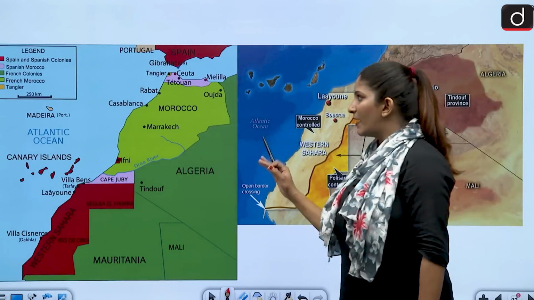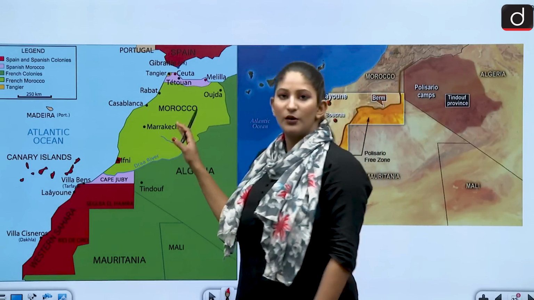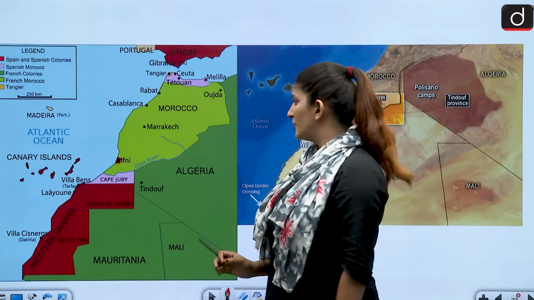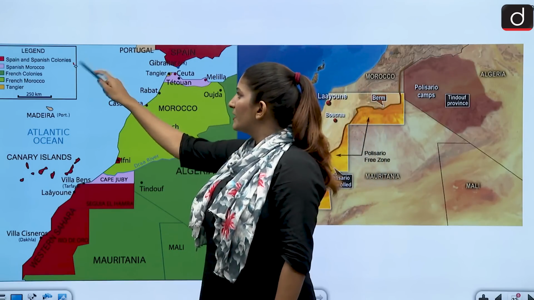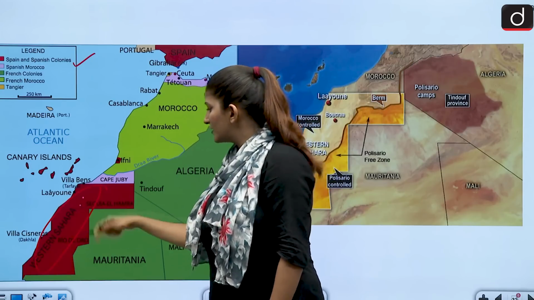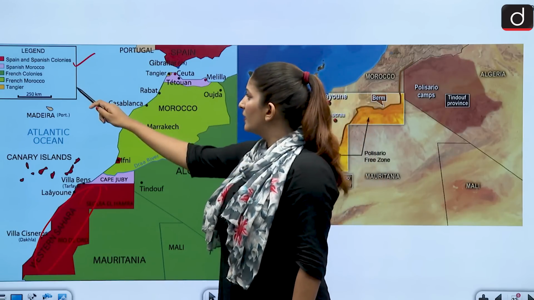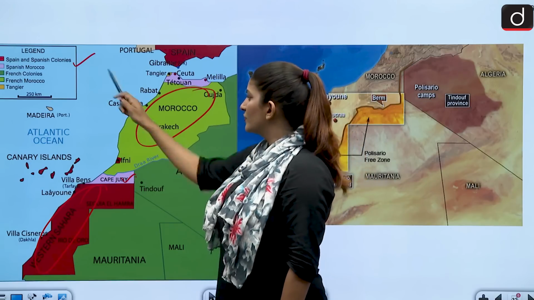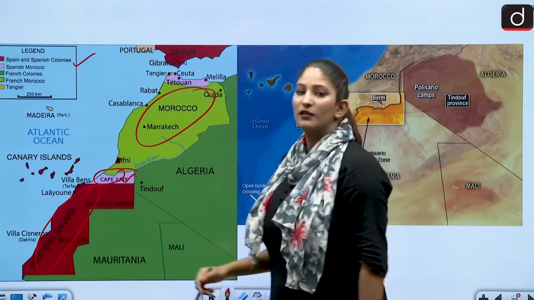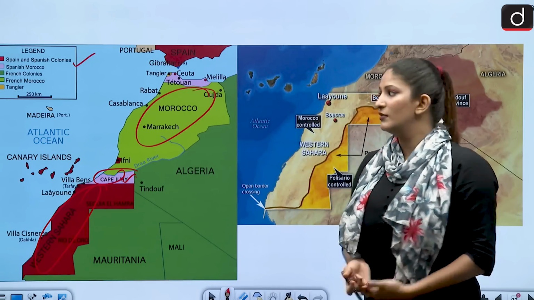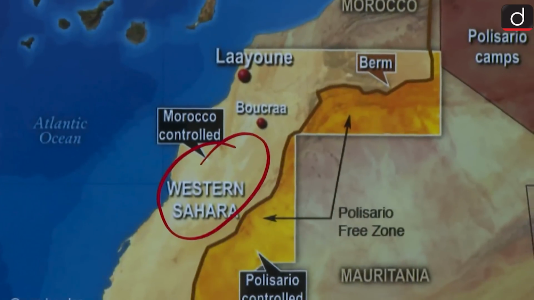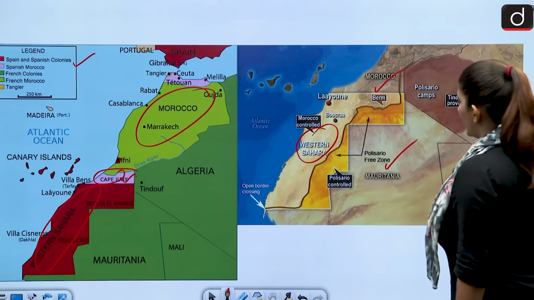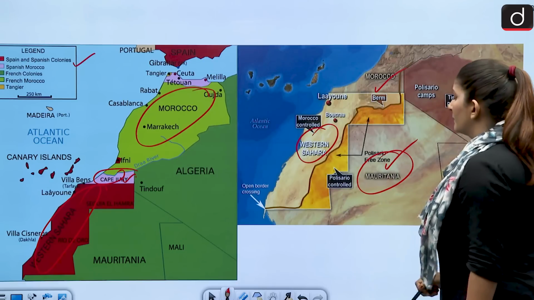Now you see, this is a map that shows the colonial times when Spain was in charge in the Western Sahara region. So you see Spain and Spanish colonies, here is Western Sahara, then the green one is French Moroccan region, the pink one is actually Spanish Morocco, and after the colonial era ended the Western Sahara region became a dispute between of course Morocco, Algeria and Mauritania, okay.